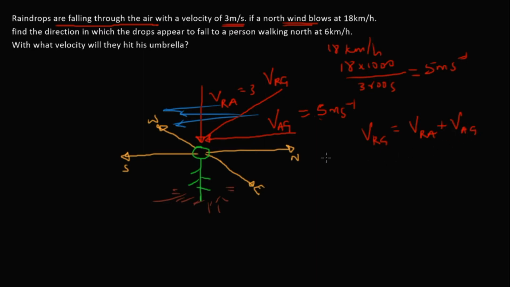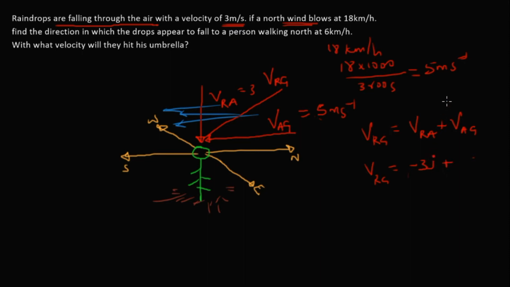So since it's a right angle triangle, we may not need to do any other thing. We can just go ahead with the right angle formula, or we may first of all represent them in their vector form. The velocity of the rain to the air, that is -3, because it's towards the negative direction. So I can represent it with j.